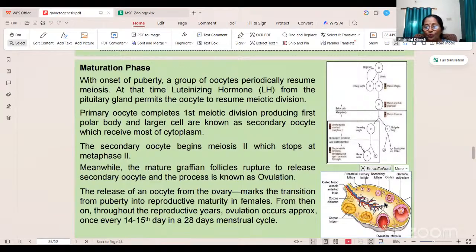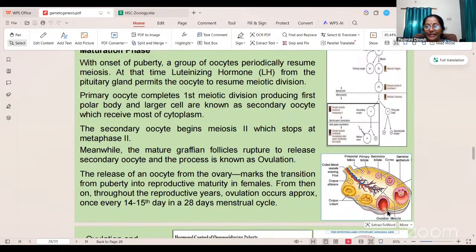When the secondary oocyte is ready, arrested at metaphase 2, it undergoes ovulation, that is, it is released from the ovary. This release of the ovum is helped by luteinizing hormone.